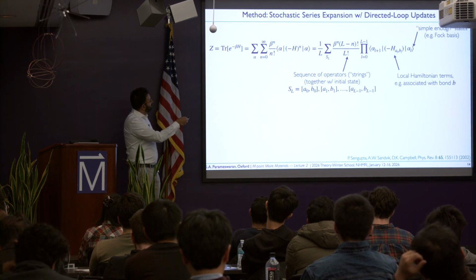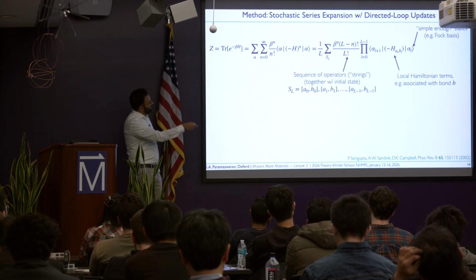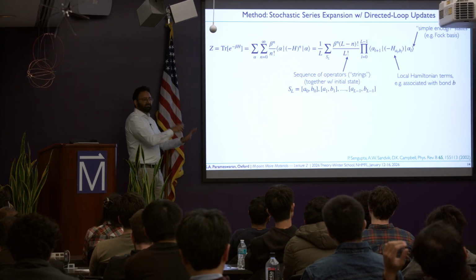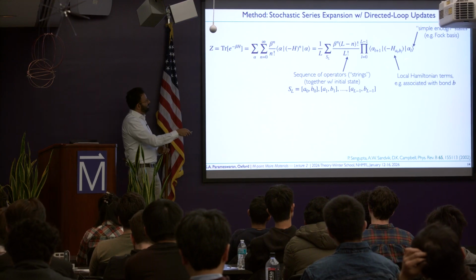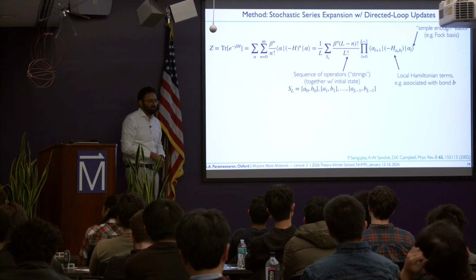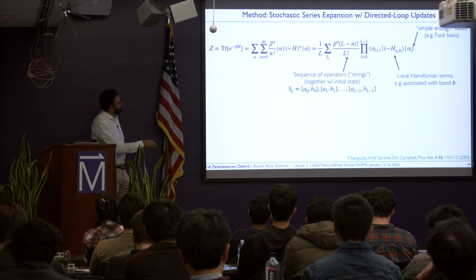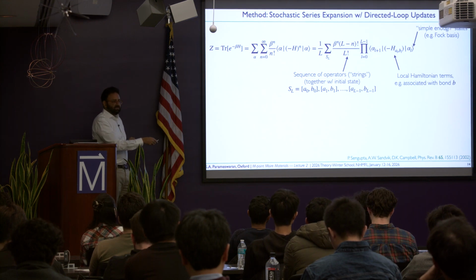Of course, I want to calculate an expectation value like this, but the way I can compute that is to say, let's say I had some term here. If I choose the basis correctly, this H will act on this state and not split it into a superposition of states. It'll just take that state to another state. Then some other H will take that and go somewhere else, and take that and go somewhere else. So that now looks like I've got a loop where I have a time direction, this alpha L plus 1, and I've got some length of loops. And what I'm trying to do now is just sample these things.